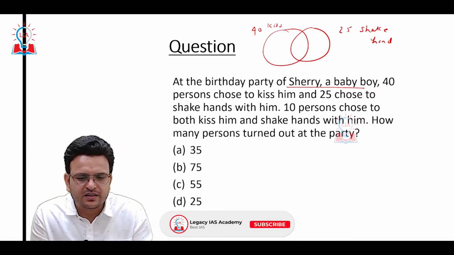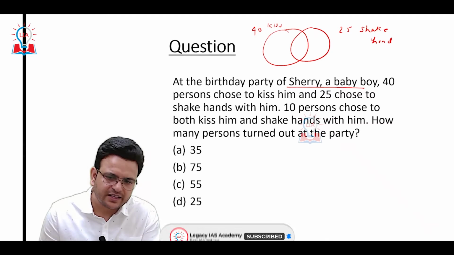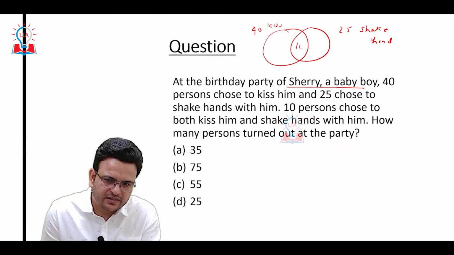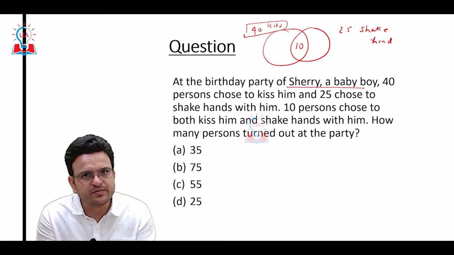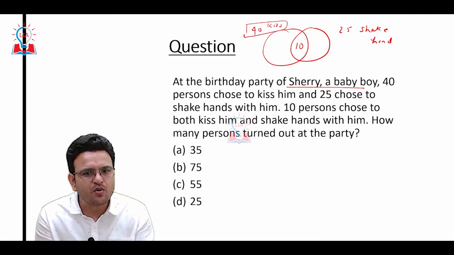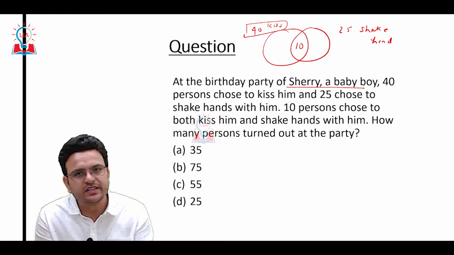Clear? 10% choose to both kiss him and shake hand. Okay, so 40% choose to kiss him in total. Among these 40%, 10% also shake the hand.